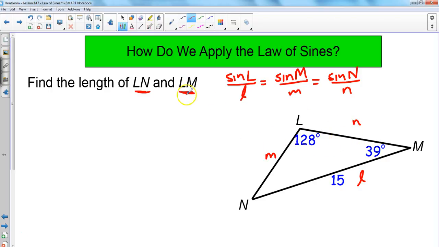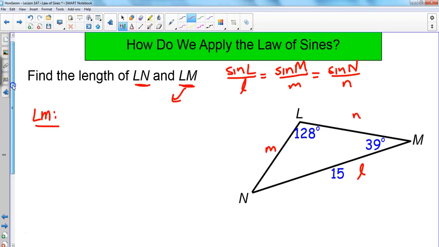Let's start with Lm. So in order to find Lm, we're going to use this relationship that we showed worked in class and prior to this. So I've got one angle-side relationship right here, so I'm going to start with that. I know that the sine of the angle over the side that it projects to is going to be equal to the sine of another angle.